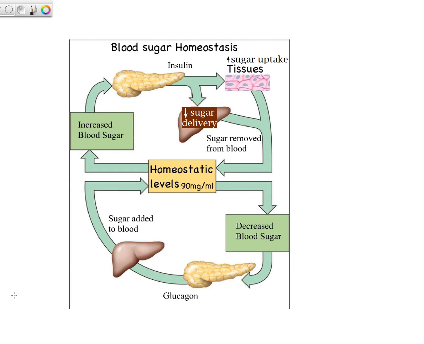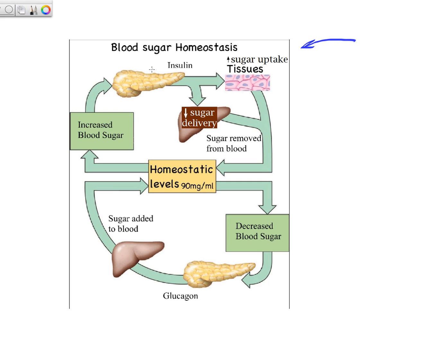In this video, we'll talk about blood sugar homeostasis, but particularly that part of homeostasis which allows sugar uptake in the tissues. Remember that as blood sugar increases, the body's goal is to decrease the concentration of sugar in the blood.